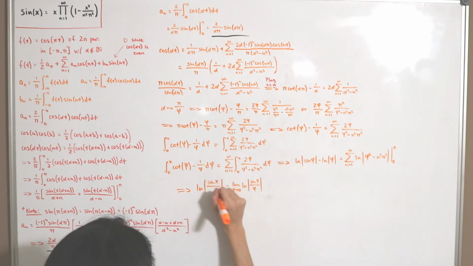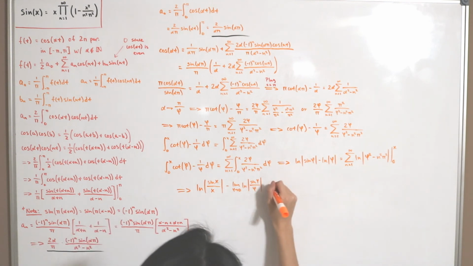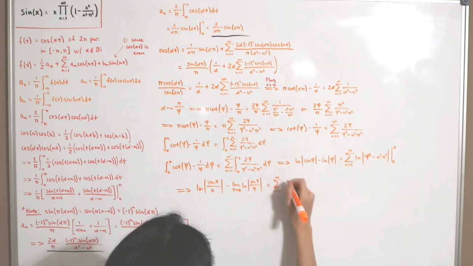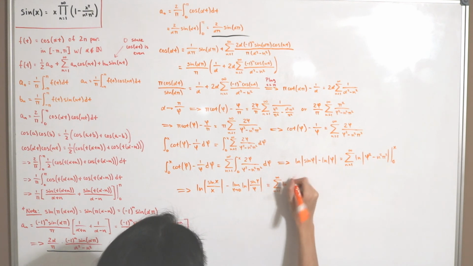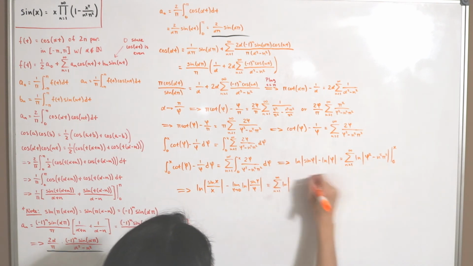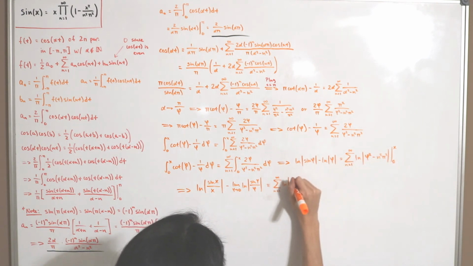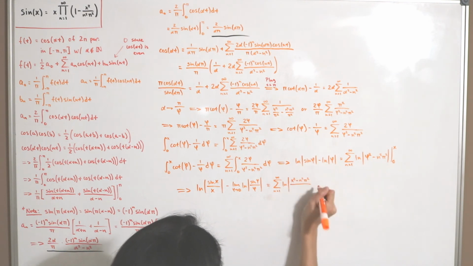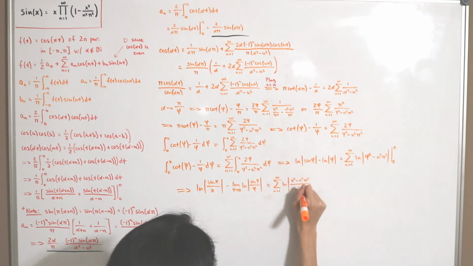So x and then x, okay? And then we set this equal to 1, so this is the natural log of, and then using the rules of natural logs with the bounds, we get x squared minus n squared pi squared, divided by negative n squared pi squared.